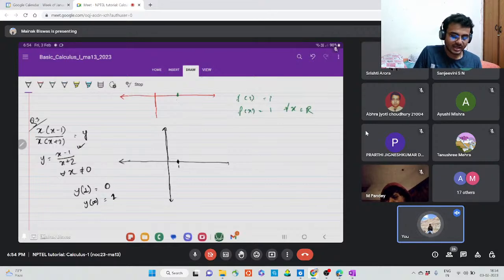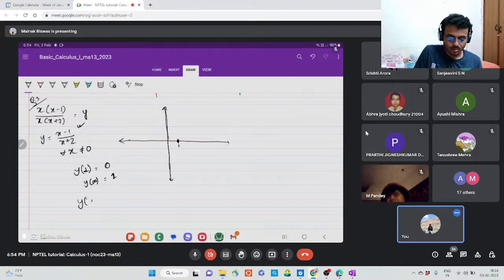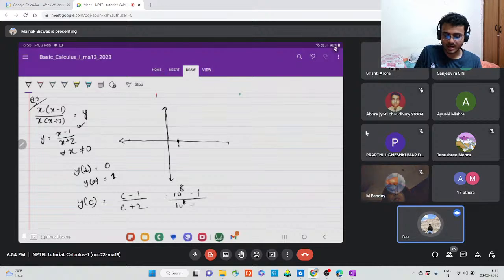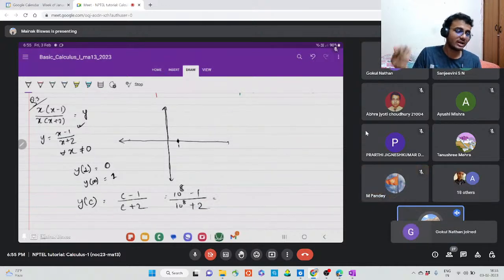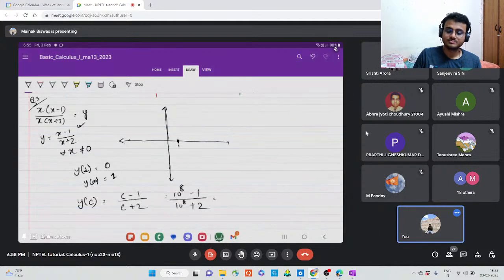is 1. Why do I claim that? You put infinity, say put a number c. It's c minus 1 by c plus 2, right? If c is very, very large, you put a number, for example, 1 lakh, 10 to the power 5, minus 1, or say put 10 to the power 8 minus 1 and 10 to the power 8 plus 2. If anyone has a calculator, go ahead and see how much it is.